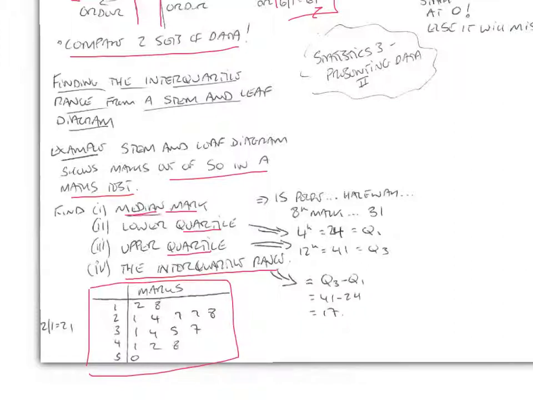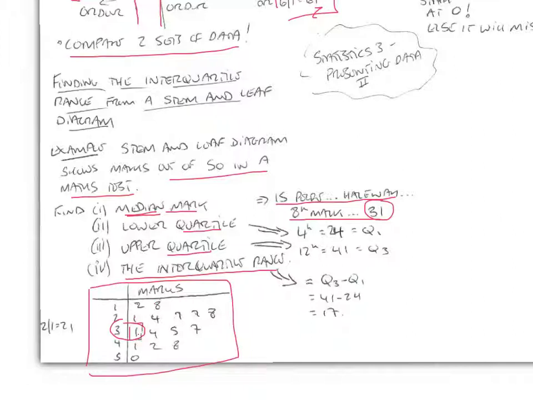So what is the median mark? The median mark is the middle mark. So that's the 8th mark. So it's halfway, and the 8th mark is 31. The lower quartile is in the first quarter.